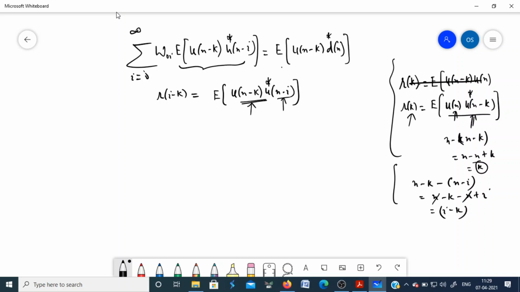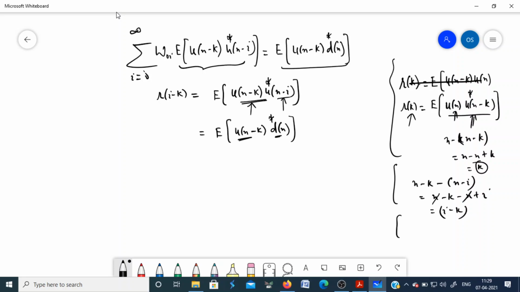And similarly, on the right hand side, the expectation of u[n minus k] into d[n] star is the cross correlation, because we have two different sequences: one is u[n], and the other is the desired response d[n]. What is the lag here?